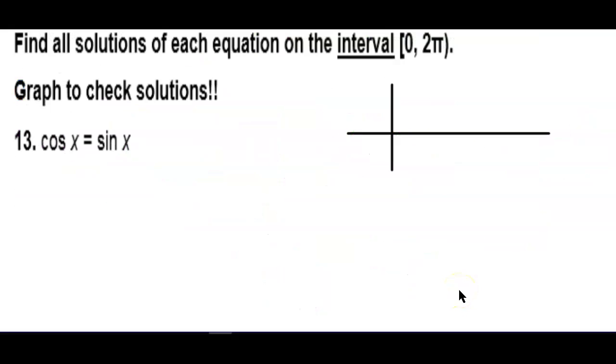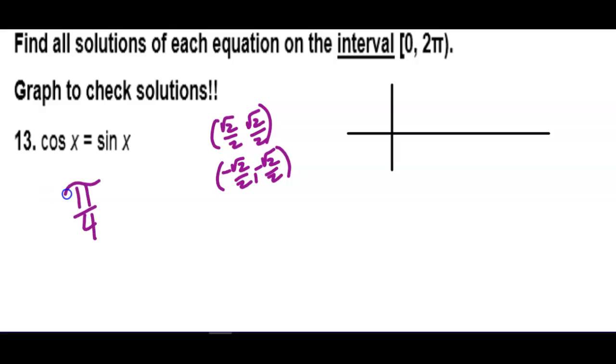2 more. This is easier than it looks. You could do some crazy business, guys, but you know where the cosine and sine are equal on the unit circle. The only time that happens is when you have a square root of 2 over 2 or a negative square root of 2 over 2. So the only place that happens is at pi over 4, and let's see, that would be 5 pi over 4.